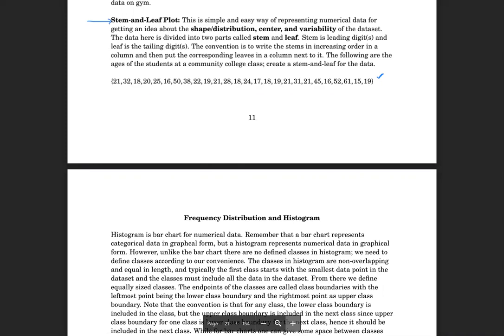Now, what is the objective or what is the reason we do stem and leaf? The reason we do stem and leaf is that it gives you an idea of the shape and structure of the data, how it looks. Remember, we are in descriptive statistics as of now.